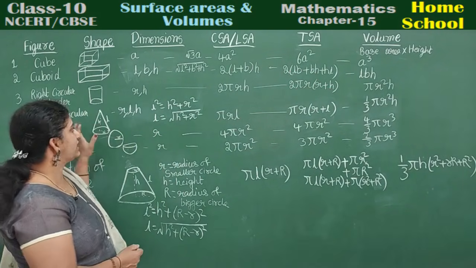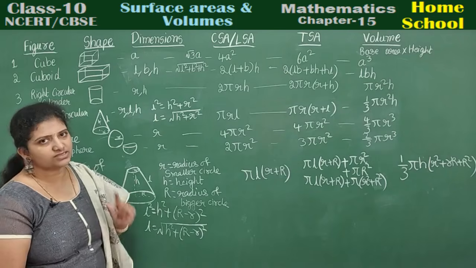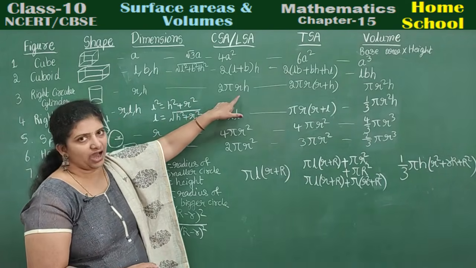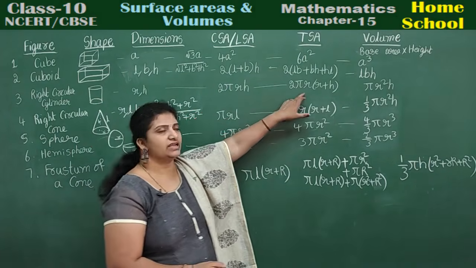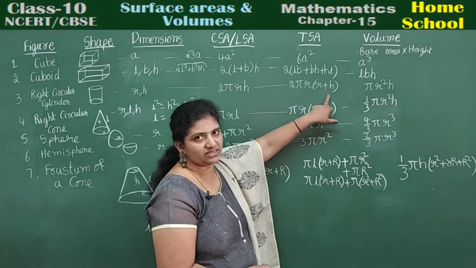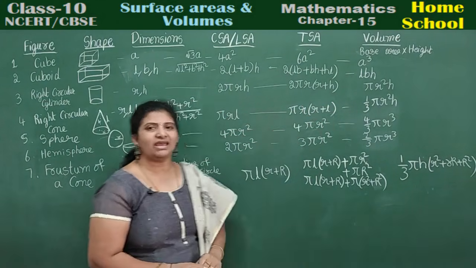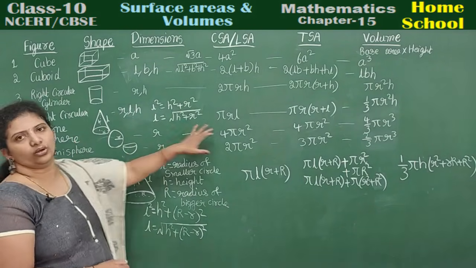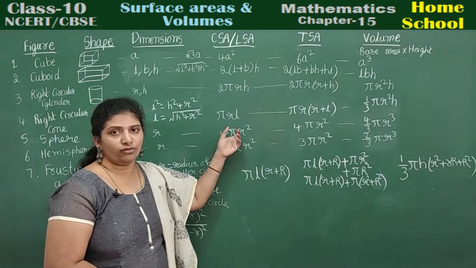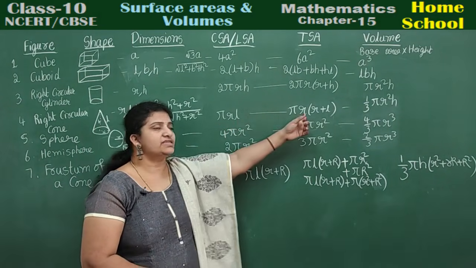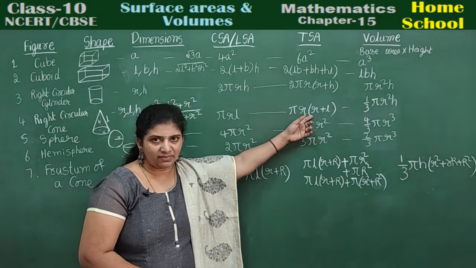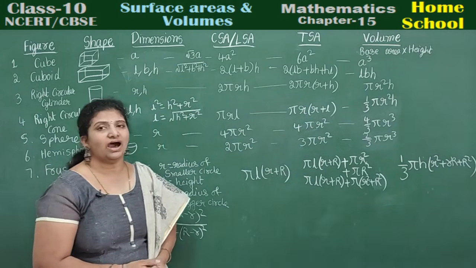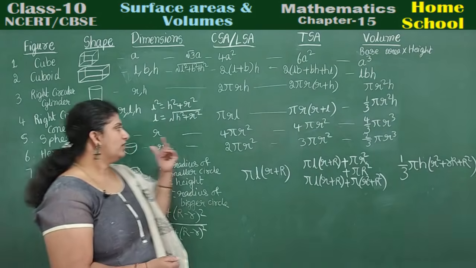Next solid, cylinder, right circular cylinder. CSA of a cylinder 2 pi RH. TSA of a cylinder 2 pi R into (R plus H). Volume pi R square H. Right circular cone. CSA of a cone pi RL. TSA of a cone pi R into (R plus L). Volume of a cone 1 by 3 pi R square H.